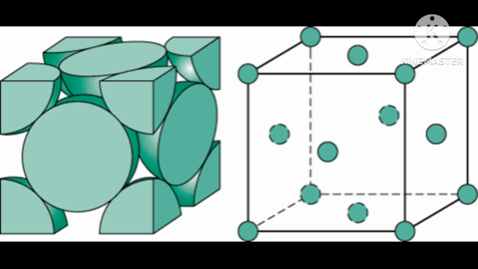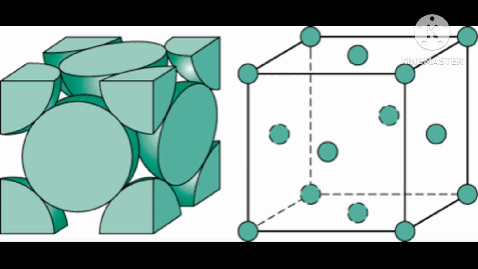Now the calculation. If you know the edge, one side, then obviously the volume of the unit cell will be a cubed. Now the mass of the unit cell, how will you calculate? It is equal to the number of atoms in the unit cell into the mass of each atom.